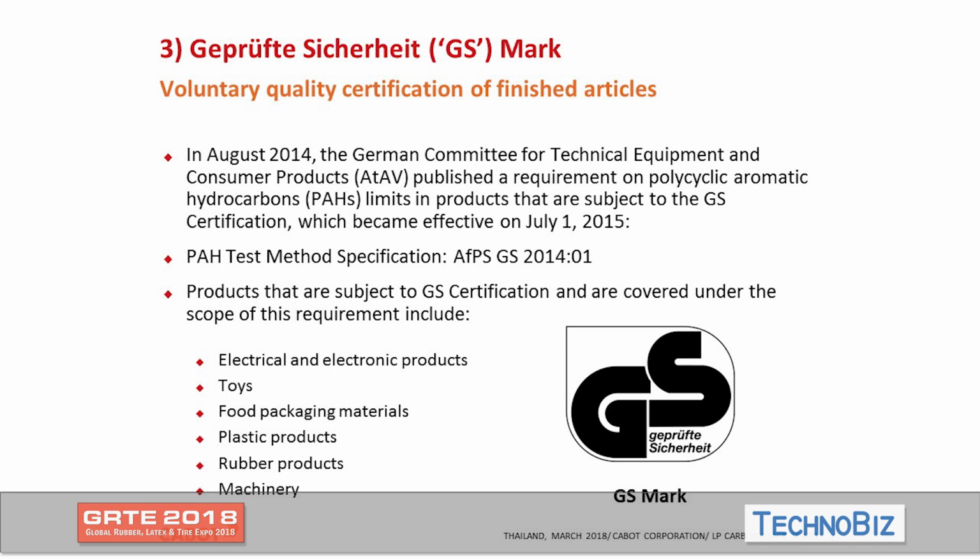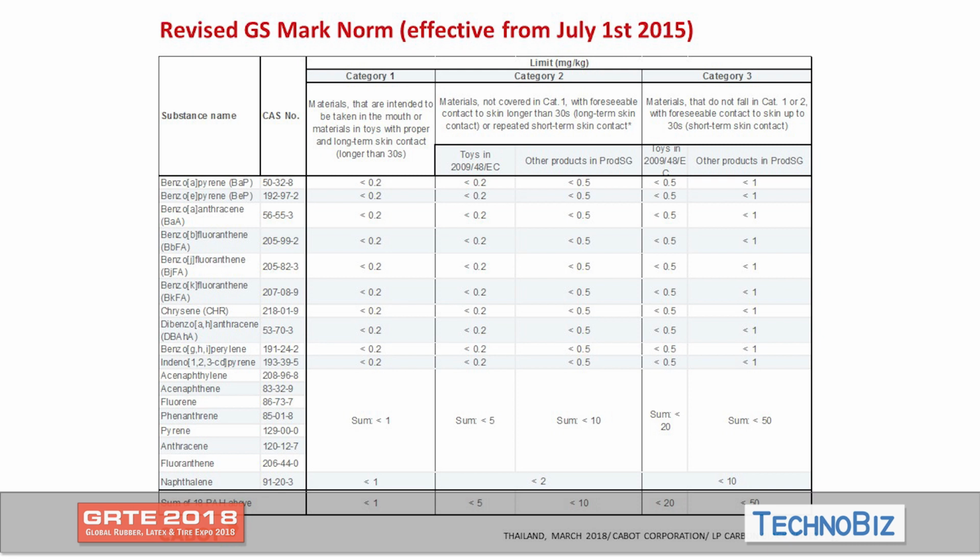Normally the PAH test method is also specified in the specification. This is the one I mentioned in the previous slide. The products or articles subject to this certification roughly fall into 6 subsegments and cover a lot of applications.